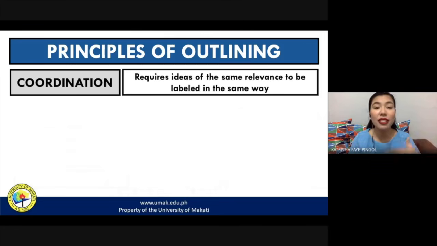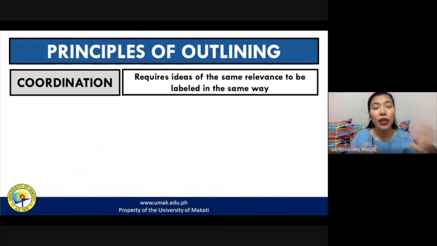When we say relevance, it showcases the importance, how important rather is one particular idea. Okay, if you consider one particular idea as the main idea or one of the main ideas and you labeled it as the first main idea, letter A, okay, therefore, the next main idea that you're going to have should be labeled letter B. Okay, because you followed the alphabetical label or representation.